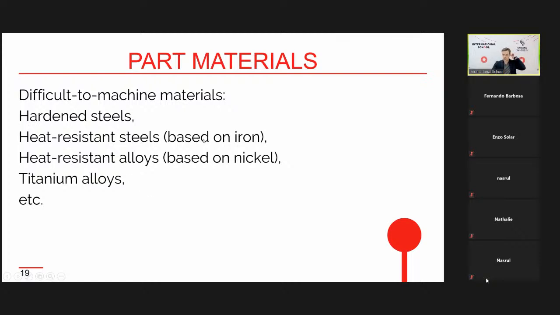So what can we say about these two groups? When can we use these two groups of materials? They're usually used when the part should withstand high temperatures and also withstand corrosion of materials, of the surface layer.